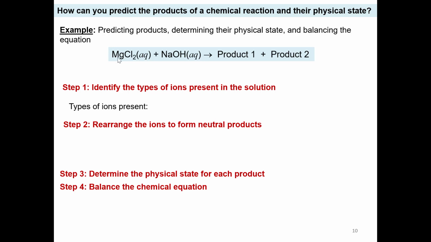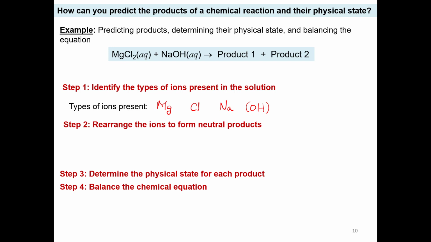Then we had magnesium, we had chlorine, we had sodium, and we had hydroxide. Then let's write these ions here. We had magnesium, we had chlorine, we had sodium, and we had the hydroxide group.